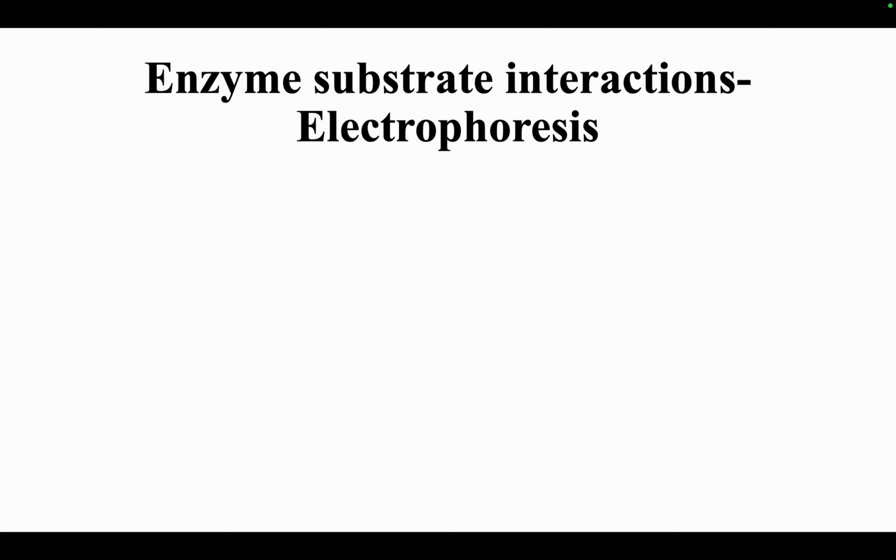Then we have the electrophoresis technique. As I mentioned before, we have a gel. It could be either a denaturing gel or a non-denaturing gel. In a non-denaturing gel, we do not add denaturing agents like urea or SDS.